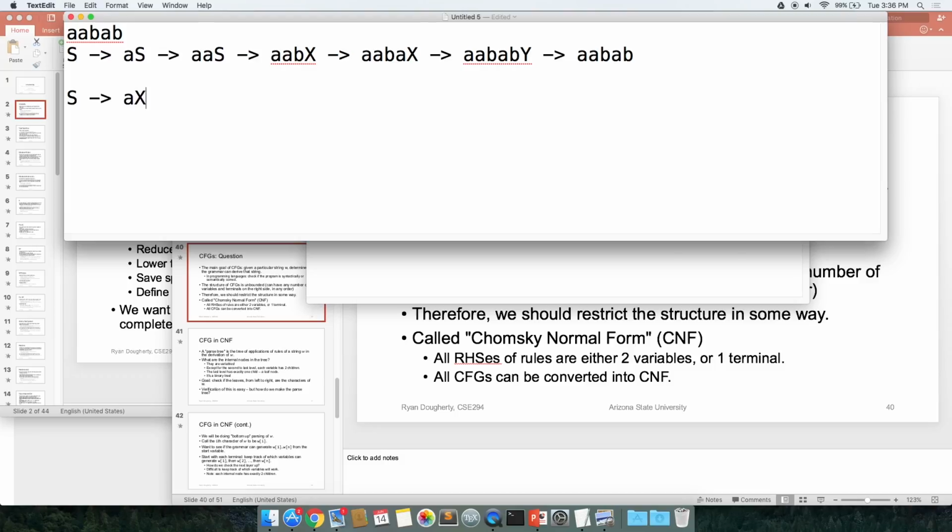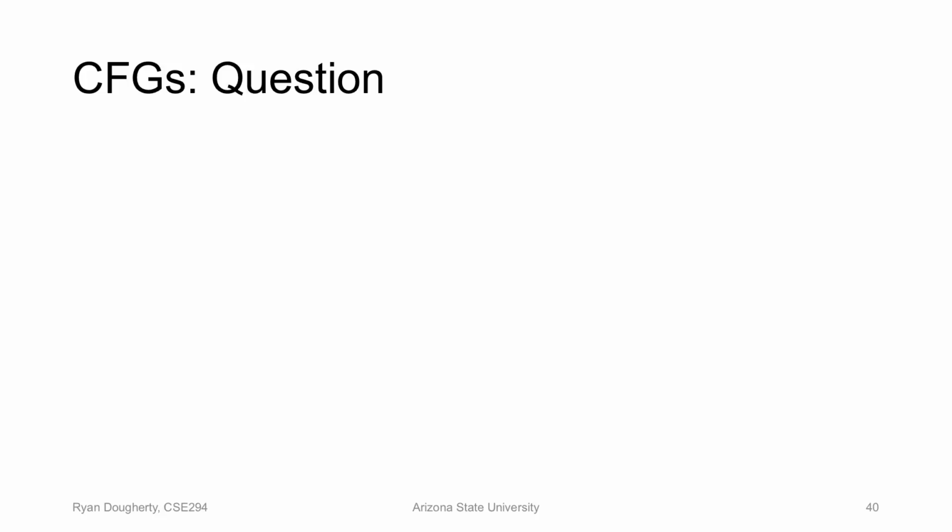So I can have A, capital X, B, B, B, X, S, A, B. You get the point, right? I can replace a variable with anything on the right-hand side. There's no structure to the right-hand side, which makes the problem, you can still do it, but it's a lot more difficult. So what we're going to do is not really restrict the problem, but make the problem easier to think about.